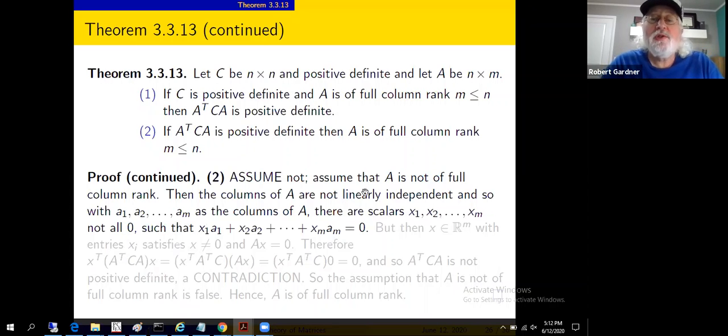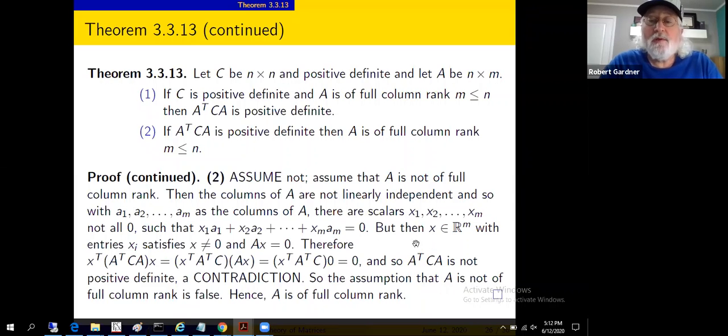In other words, if A is not full column rank, then its columns are linearly dependent and there exists a dependence relation. Let's concentrate on this vector x of coefficients. It's not the 0 vector, right?